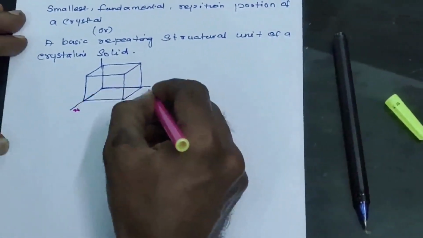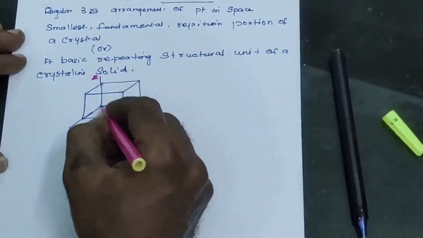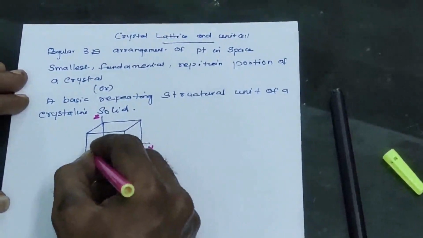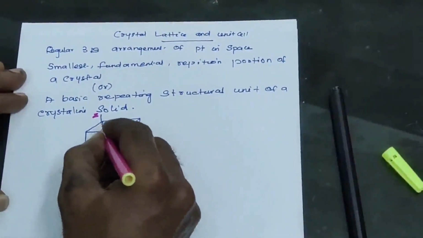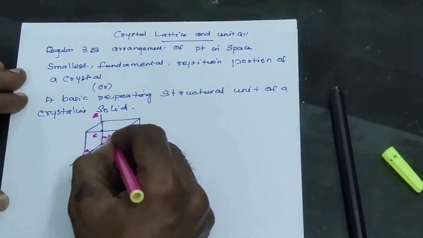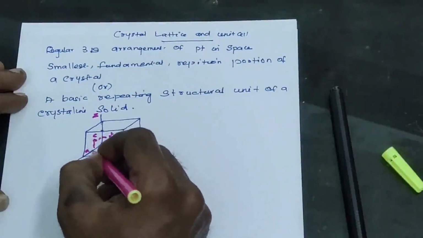OX, OY, OZ, then edge lengths A, B, C, and the interfacial angles alpha, beta, gamma.